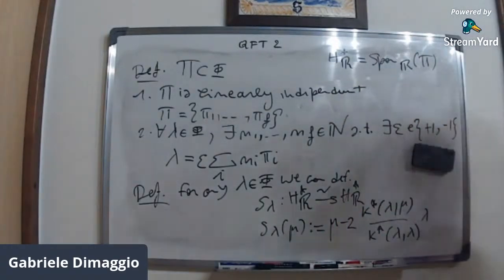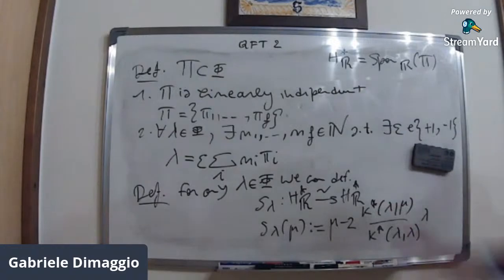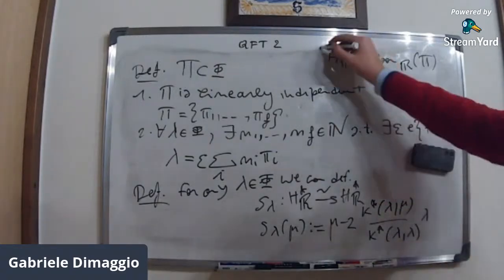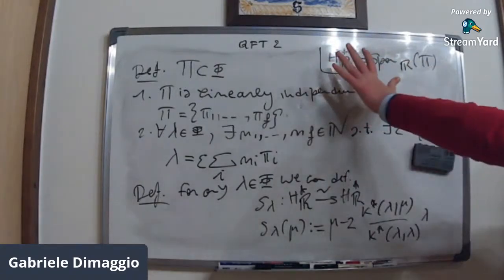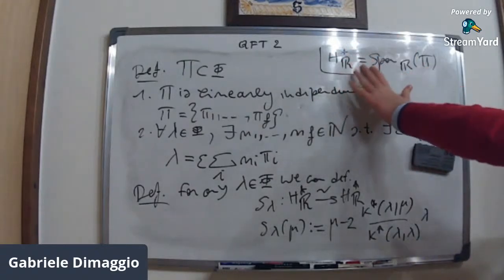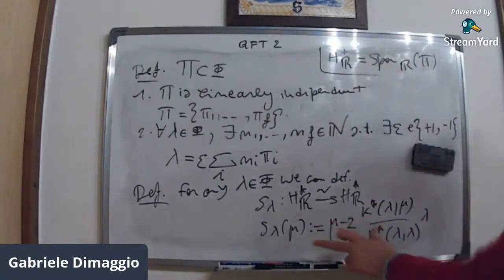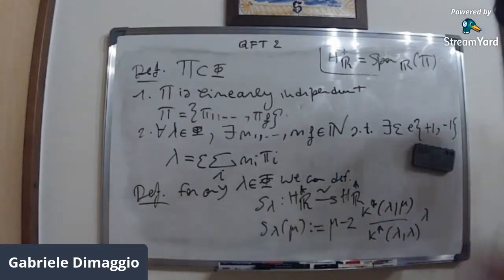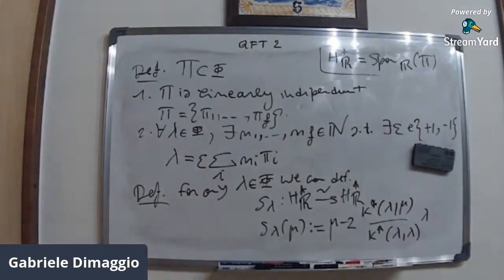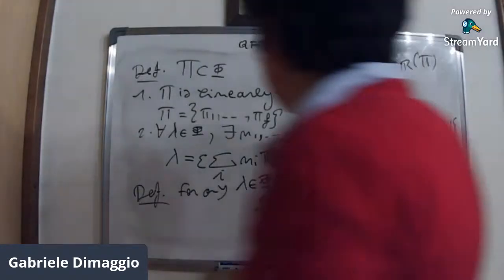But to define this function I need the dual Killing form. So what's the dual Killing form? In the dual Cartan subalgebra over R, here I have the Killing form, the dual Killing form.